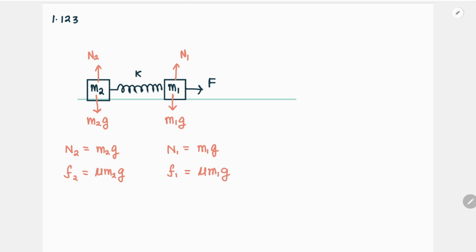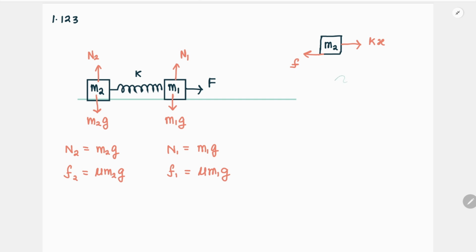Now the question is asking what minimum constant force has to be applied in the horizontal direction to the bar of mass m1 so that it shifts the other bar. So if we construct the FBD of block m2, in the x-axis direction the only force that is going to cause motion of m2 is the spring force Kx, and the resistive force is the frictional force.